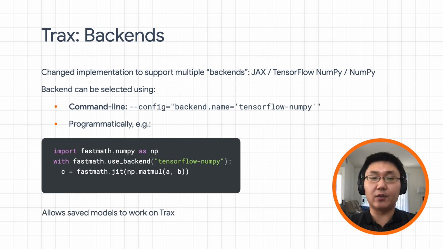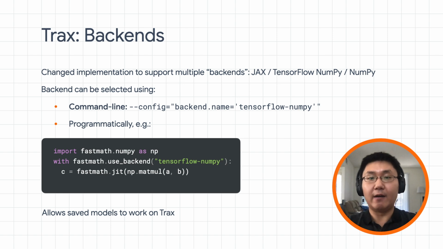So there's a difference from the other porting work. Instead of doing just a one-off porting of the existing Trax code, we actually moved Trax into a multi-backend architecture so that the user can seamlessly switch between the JAX backend and the TF NumPy backend, and even just the vanilla NumPy backend.